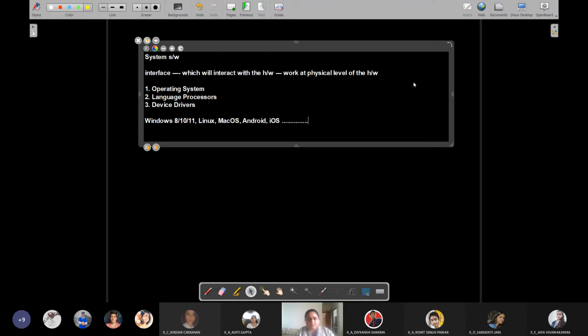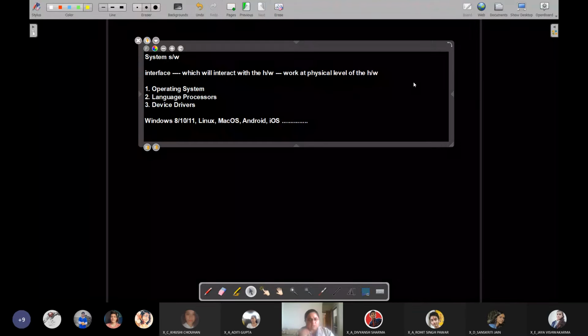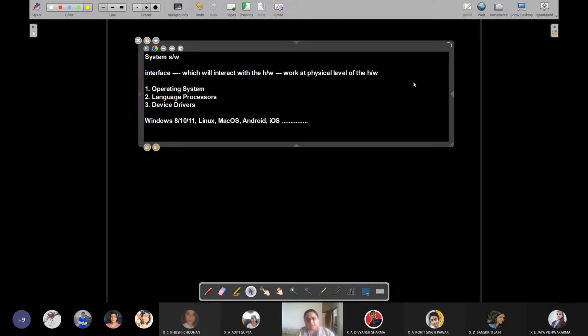So the first time when you purchase a computer, you go to the shop and you first get your PC assembled. आप बताते हो what is the configuration you need, how much processor, what should be the processor's clock speed, what should be the RAM, what should be the cache memory, what should be the hard disk.